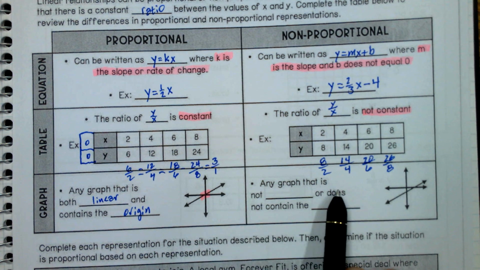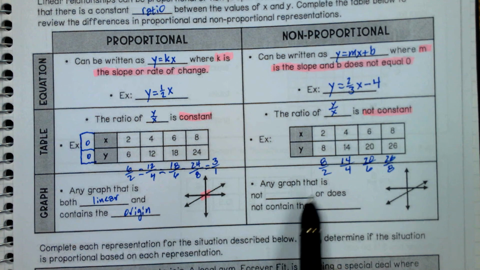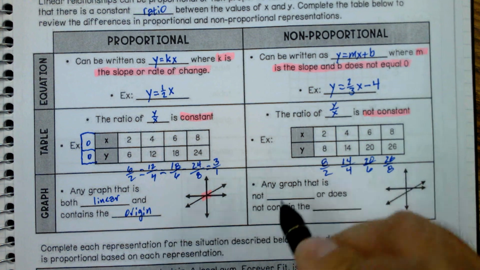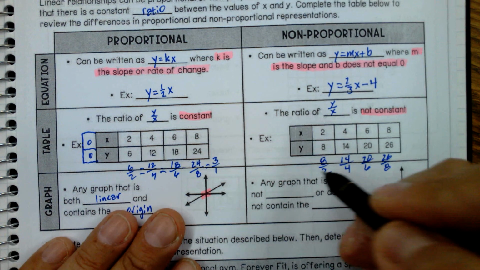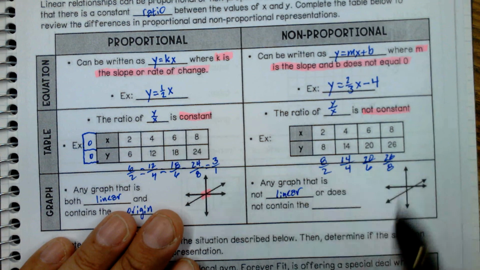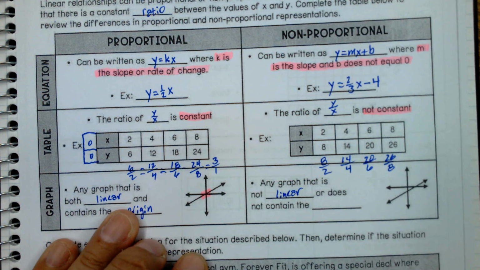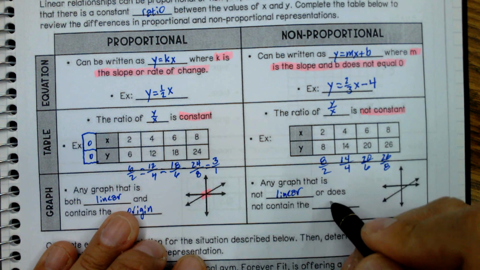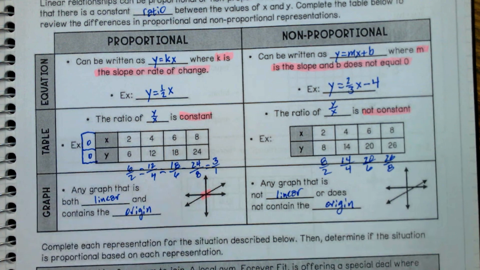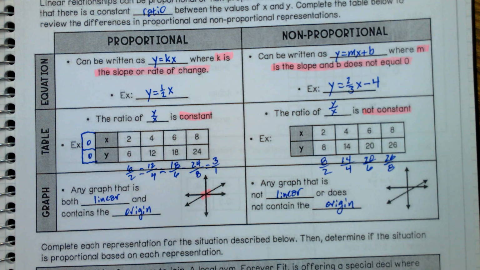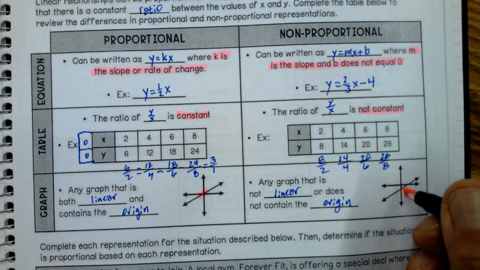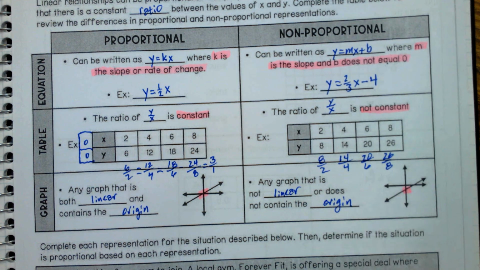So any graph that is not linear, or does not contain the origin. Okay, and as you can see, this crosses the y-axis somewhere other than 0, 0.